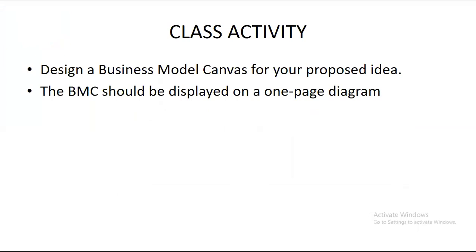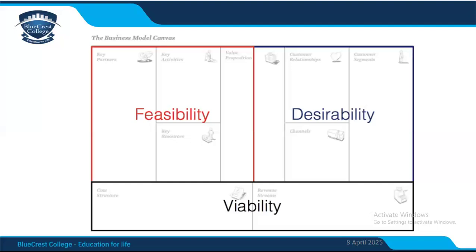And the BMC should be displayed on a one-page diagram like what we have here. So under key partnerships, you list your key partnerships. Under key activities, you list your key activities. Under key resources, you list your key resources. Under value proposition, you list the value proposition.